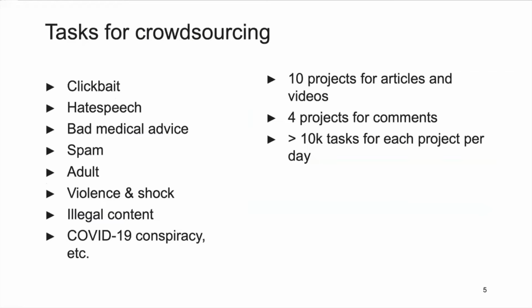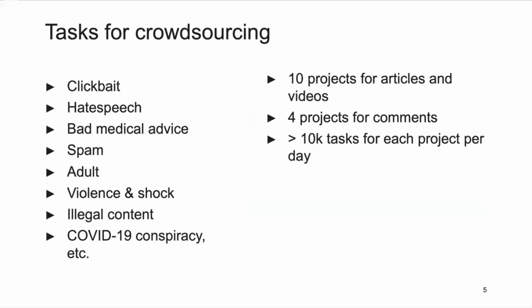So here is a not complete list of tasks that we have for our crowdsourcing. We have 10 projects for articles and for videos, and we have 4 different projects for comments, and more than 10,000 tasks get uploaded to Toloka every day.